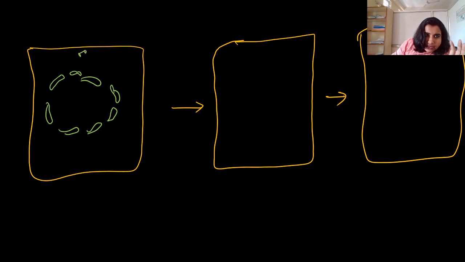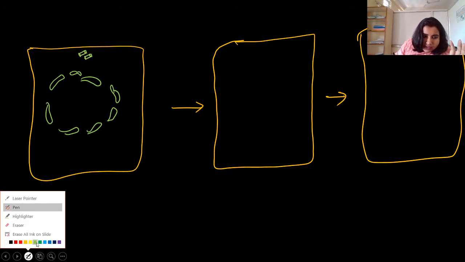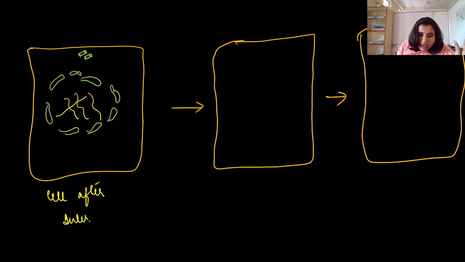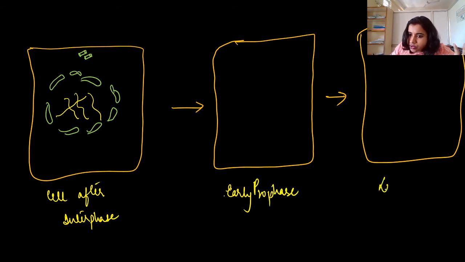And these are the centrioles here, and this is, you can say, thin chromatin. This is the cell after interphase, this is early prophase, and this is your late prophase, right?